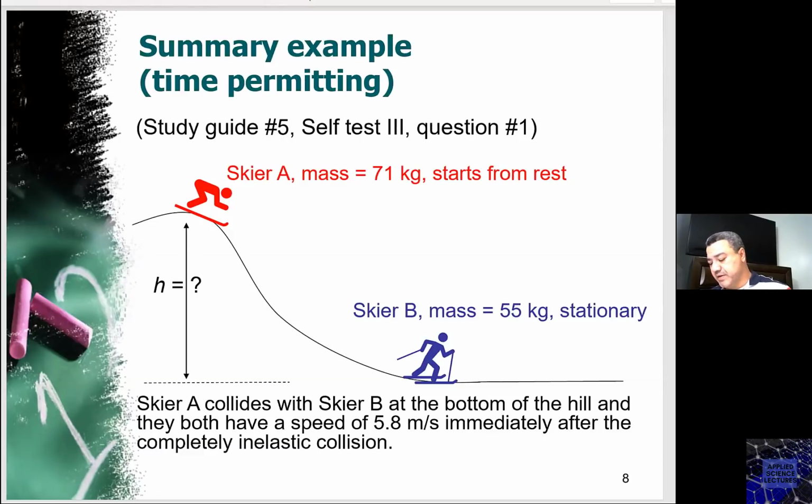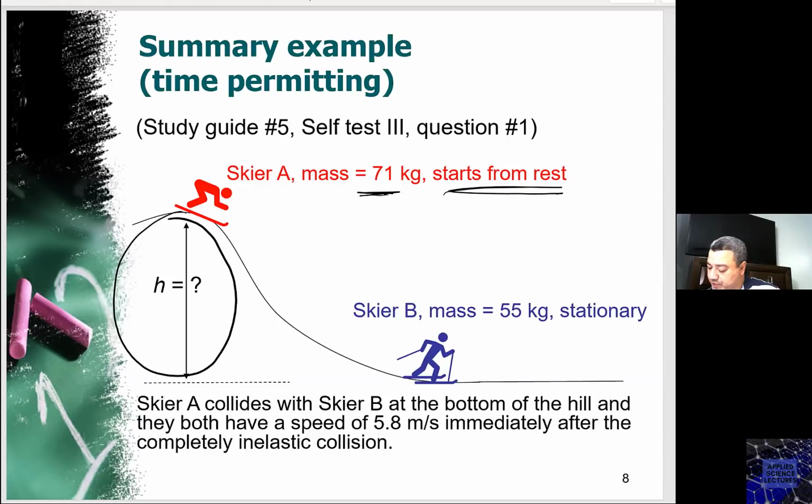Last slide is basically a summary example of what we have done so far in terms of using the conservation of energy and the conservation of momentum. In this example, we need to calculate the height h for a sphere A that has a mass of 71, starting from rest, and is going to collide with sphere B, with a mass of 55 and also stationary.